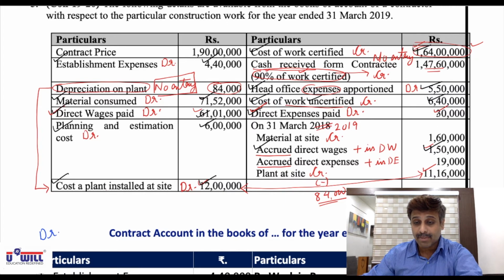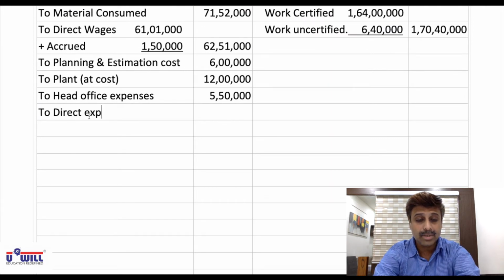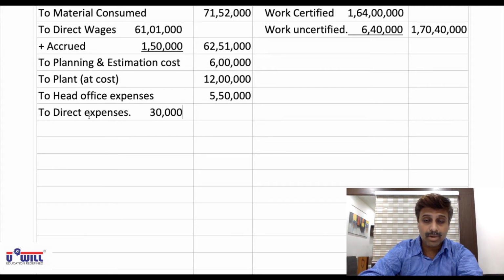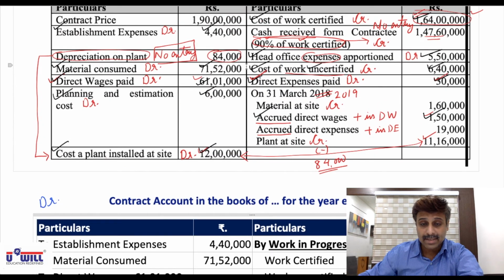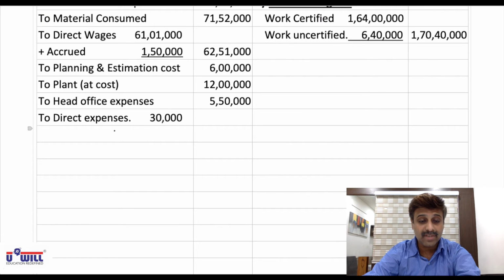Direct expenses we have put a tick, so again this 30,000 you all write in the inner column. 'To direct expenses paid', 30,000 in the inner column. Now in that again we will add, what will we add? This accrued or outstanding amount of 19,000. Okay, like we did in direct wages. So here further we will add plus accrued amount of 19,000.